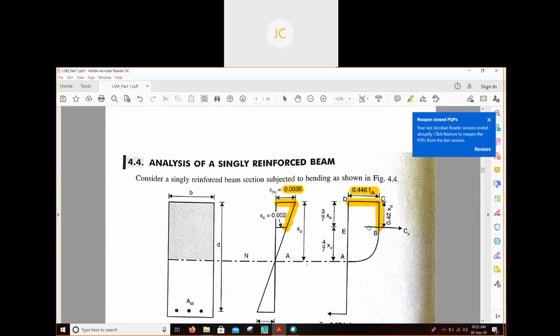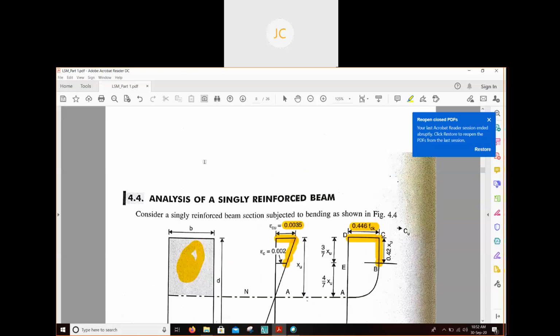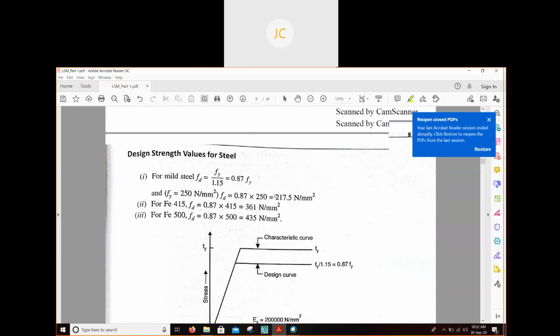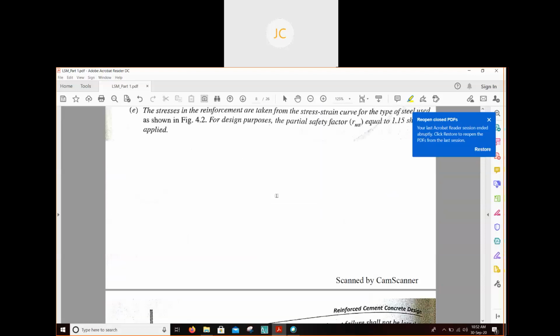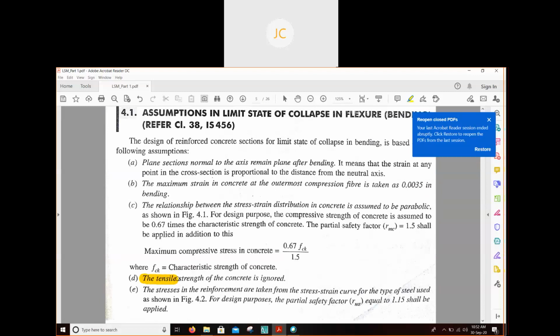Now this is our compression portion. Above the neutral axis we have concrete in this portion, so this is our compression zone. Below the neutral axis is our tension zone. I have told you before why there is nothing here: the tensile strength of concrete is ignored. According to the assumptions, it is written here that the tensile strength of concrete is ignored.